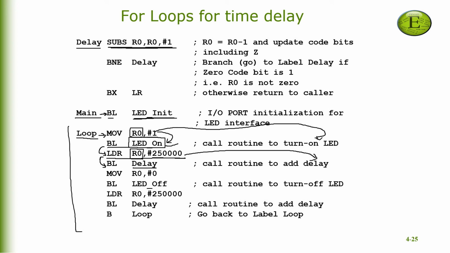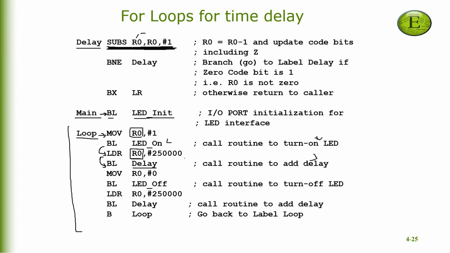So if the initial value of R0 is 25,000, we are going to keep repeating this instruction 25,000 times before moving on. Therefore, the microcontroller will be stuck here, executing this instruction over and over again, as many as 25,000 times. And it is not going to do anything else, essentially, as far as our application is concerned.